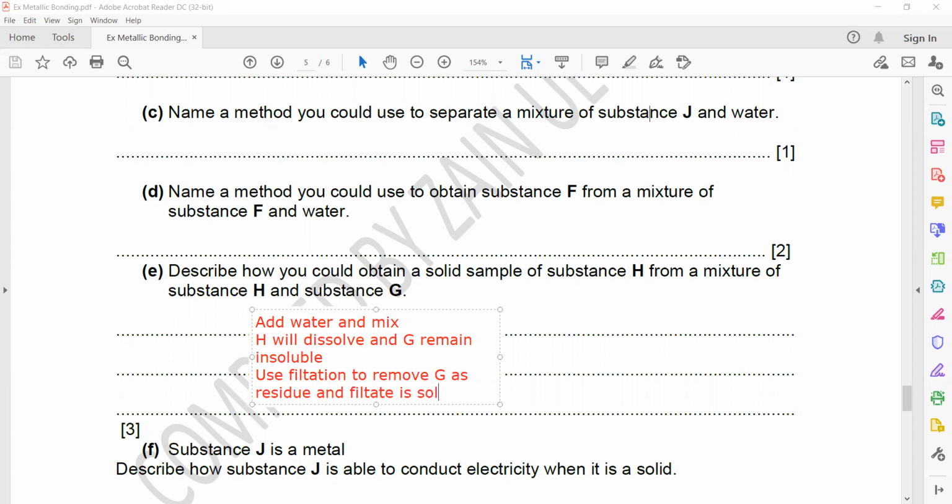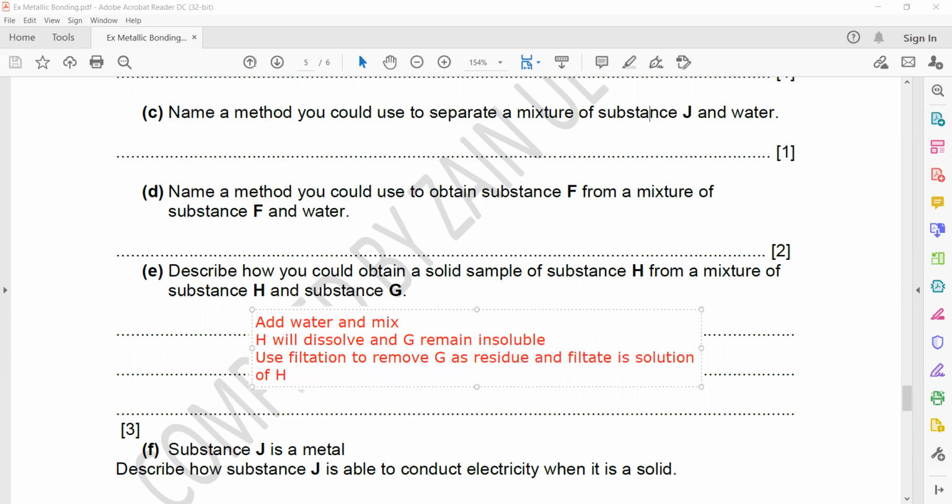is a solution of H. And then how do we remove this H from the mixture? So we can use evaporation, or you can use crystallization. You can mention any one of them.